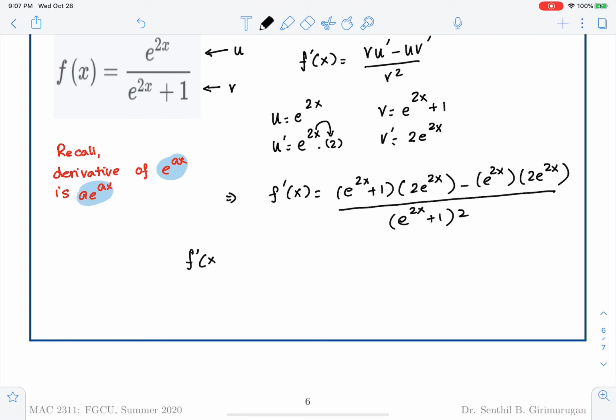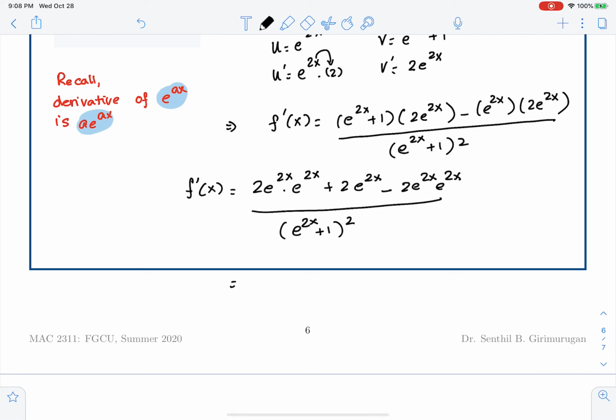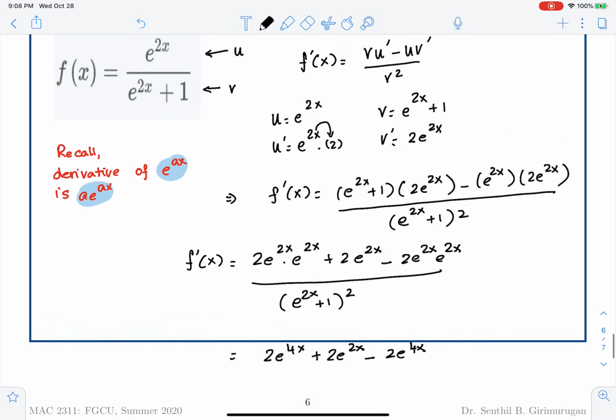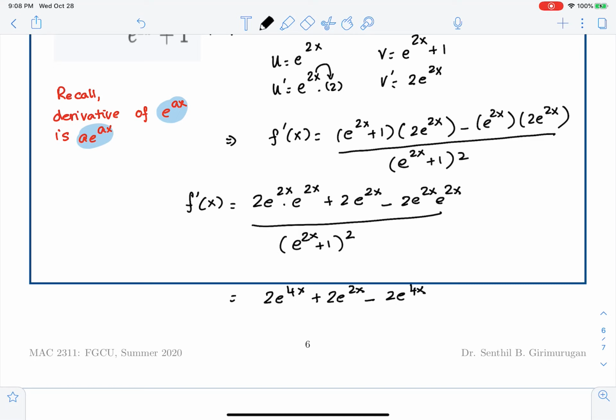So f prime of x would be 2 e raised to 2x multiplied by e raised to 2x plus 2 e raised to 2x minus 2 e raised to 2x multiplied by e raised to 2x, divided by e raised to 2x plus 1 squared. e raised to 2x times e raised to 2x, if we use the properties of exponents, it would become 2 e raised 4x plus 2 e raised to 2x minus 2 e raised 4x, divided by e raised to 2x plus 1 squared.